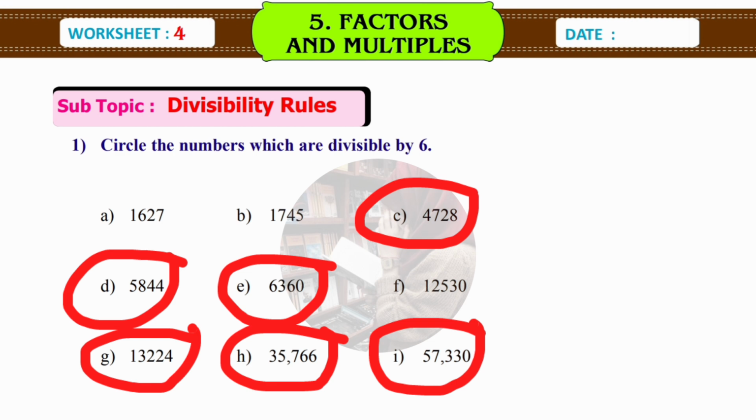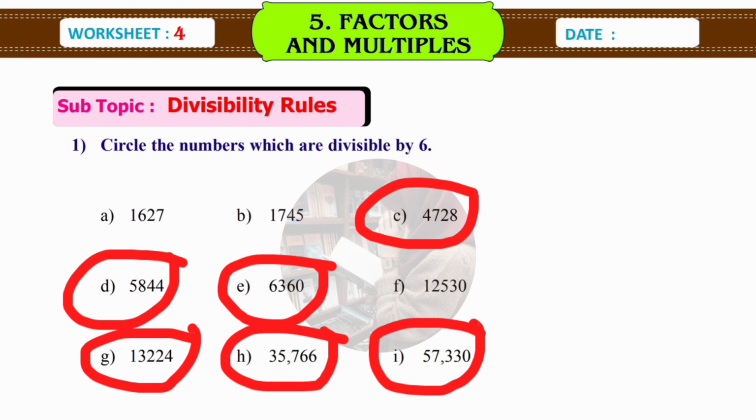So let's see, the first number is 1627. The last digit is 7, which is an odd number. We can definitely say that this number is not divisible by 2. So if it is not divisible by 2, then it is not divisible by 6 also.